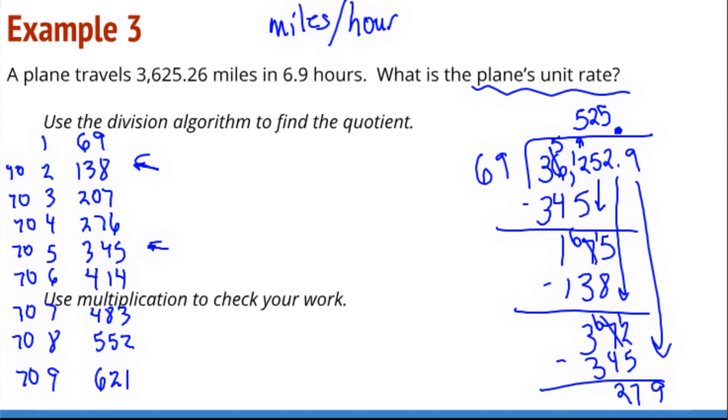Although I'm pretty sure I copied this wrong, and this should be a 6 right here. There we go. So I've got 276 tenths, and that is a 4. So I am pretty sure here that I have calculated 525 and 4/10 miles per hour.